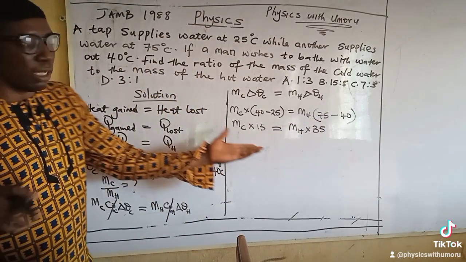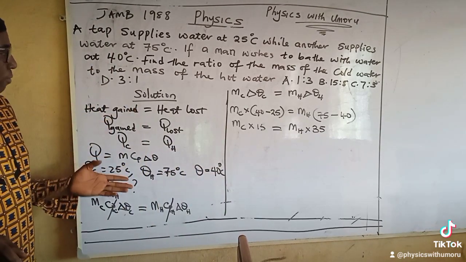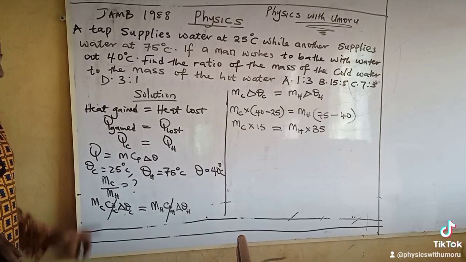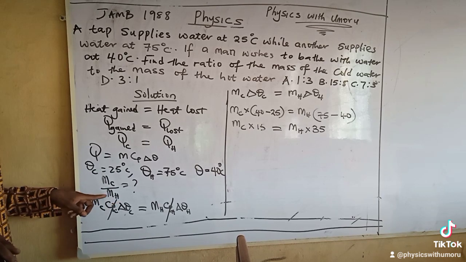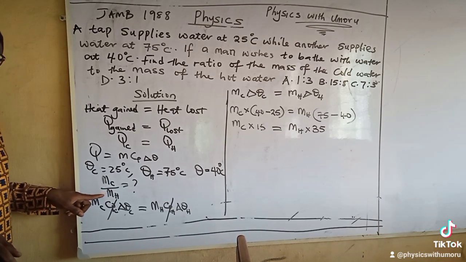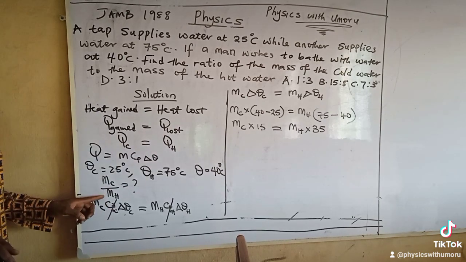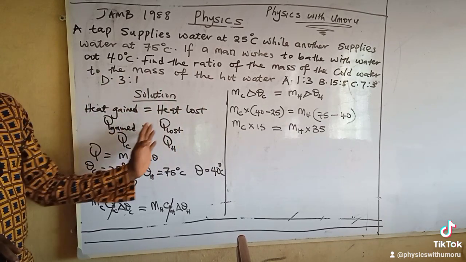Now to finish this up, remember they said we should find the mass of cold over the mass of hot. Since you have the mass of hot as the denominator, you are going to divide both sides by the mass of hot, so that I will have mass of cold over mass of hot on one side of this expression.